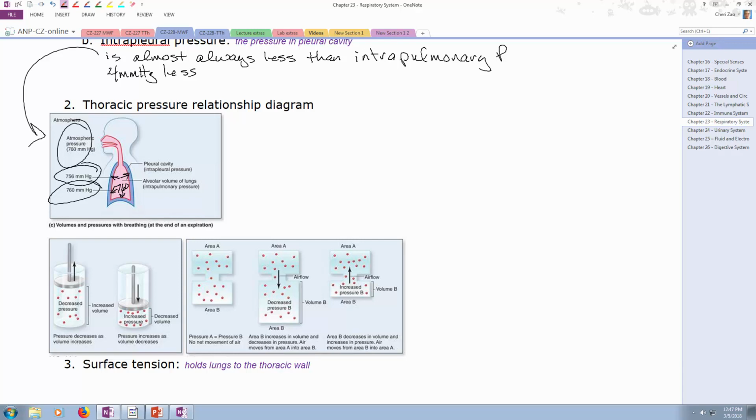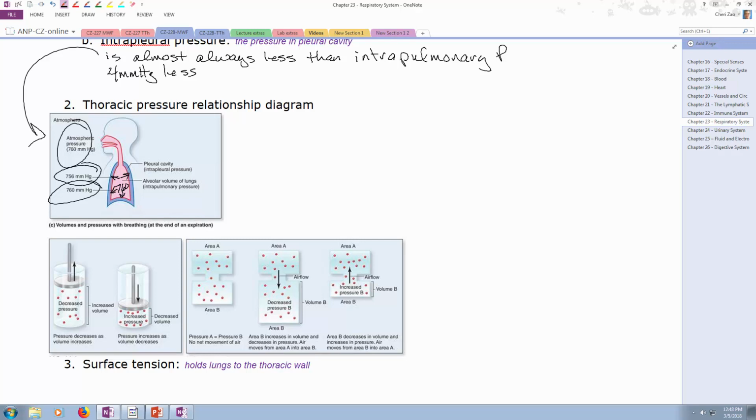Correct? So this is one of the very important reasons why our lungs stay filling up the cavity. The pressure in the cavity is a little bit lower than the pressure in the lungs. So if the pressure in the lungs is higher, it wants to expand outwards into the cavity. You guys follow me with this? And so that's part of what helps to keep our lungs inflated.